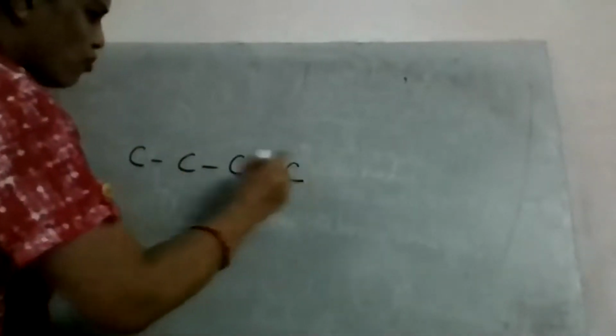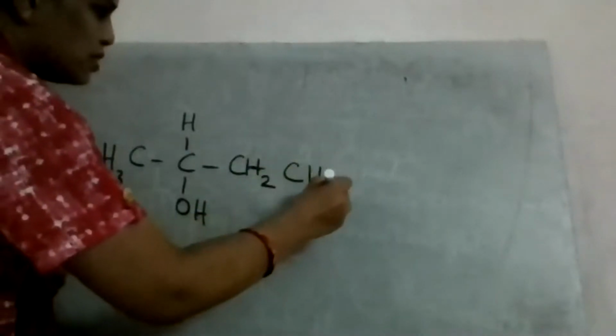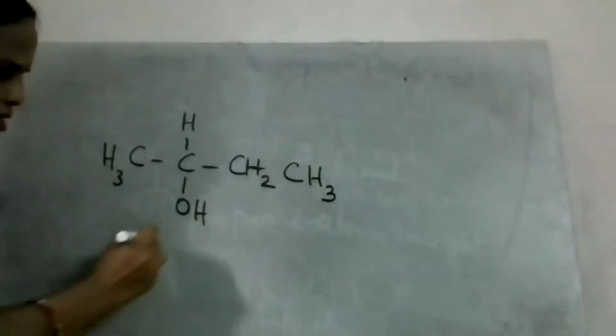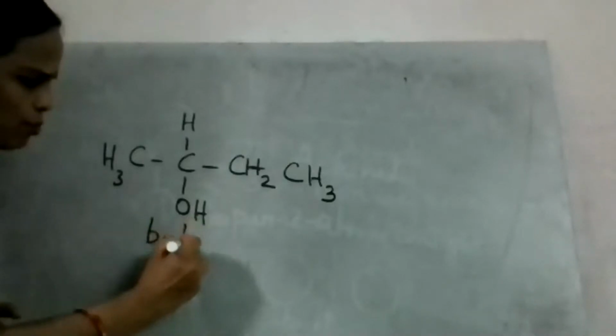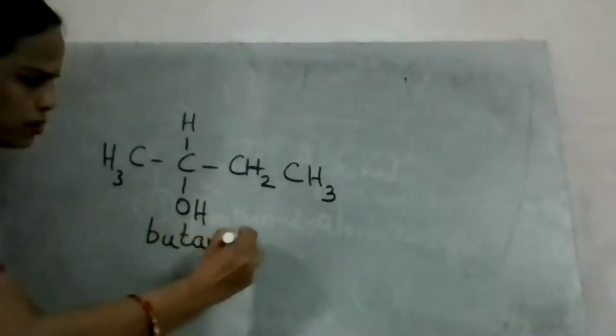Butane-2-ol has 1, 2, 3, 4 carbons. This is OH, CH3, this is H, this is CH2, and this is CH3. This is an example of butane-2-ol.